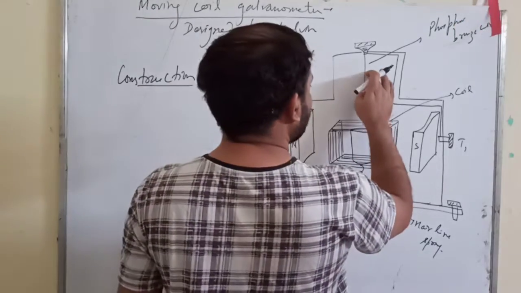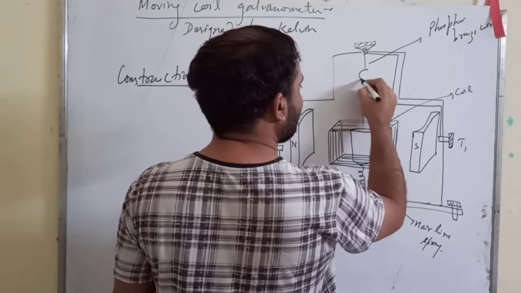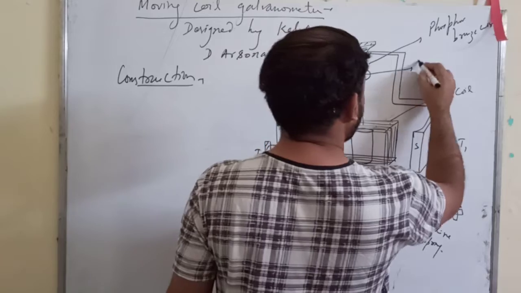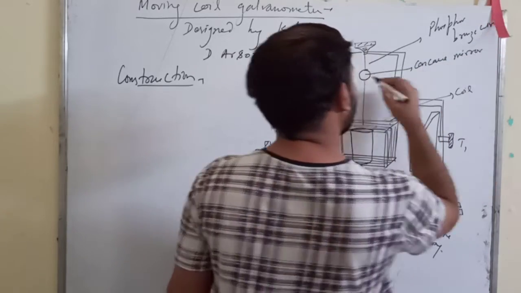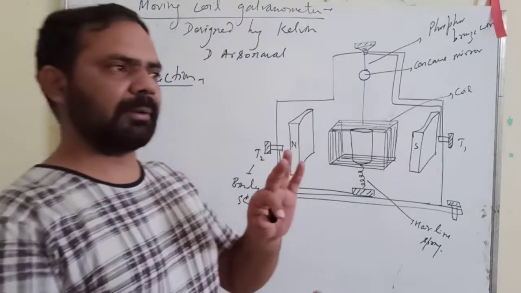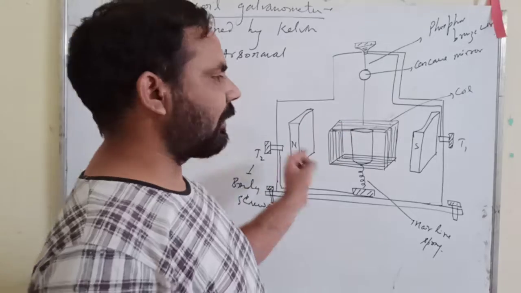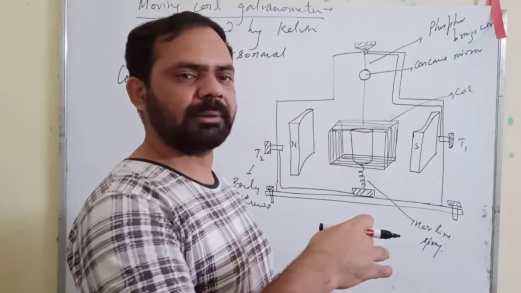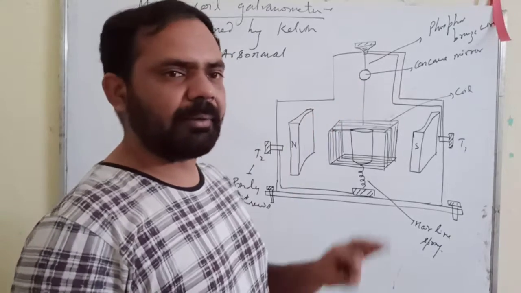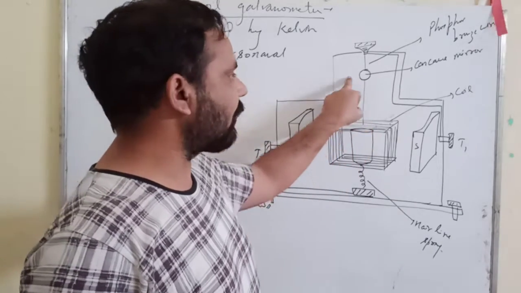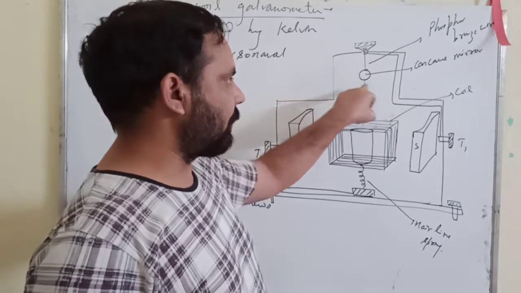The initial moving coil galvanometer had a concave mirror here, and with the help of the twist of that concave mirror, we used to detect how much current is flowing through the circuit, whether the current is increasing or decreasing. Just for observation purposes we had this concave mirror.